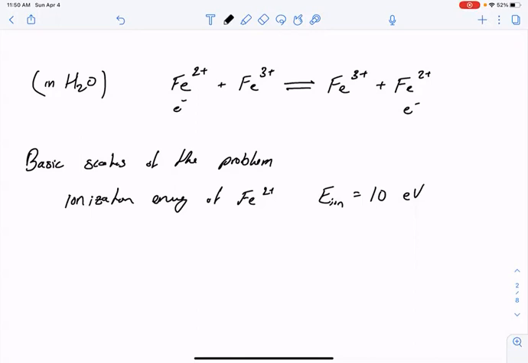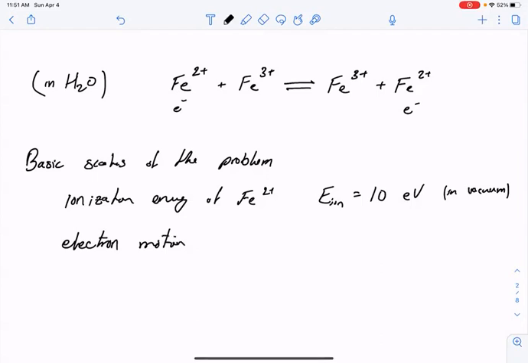So we have an ionization energy, typically measured in vacuum, of 10 eV. So that gives us the probability of overcoming that specific barrier, if that was the relevant barrier. Characteristic timescales of electron motion will give us a ballpark of what that attempt frequency is.